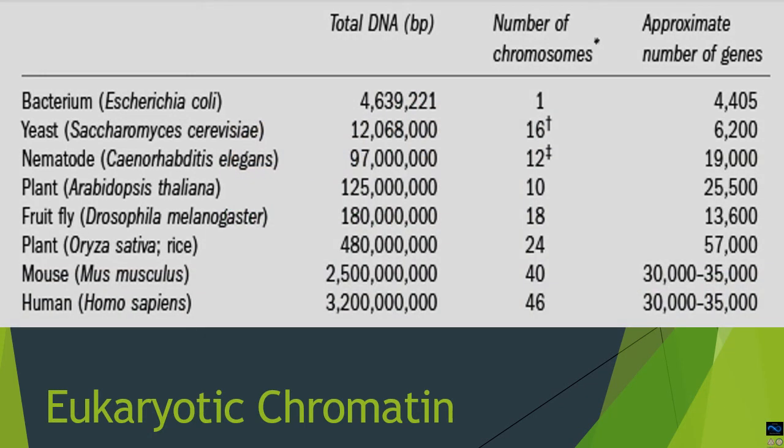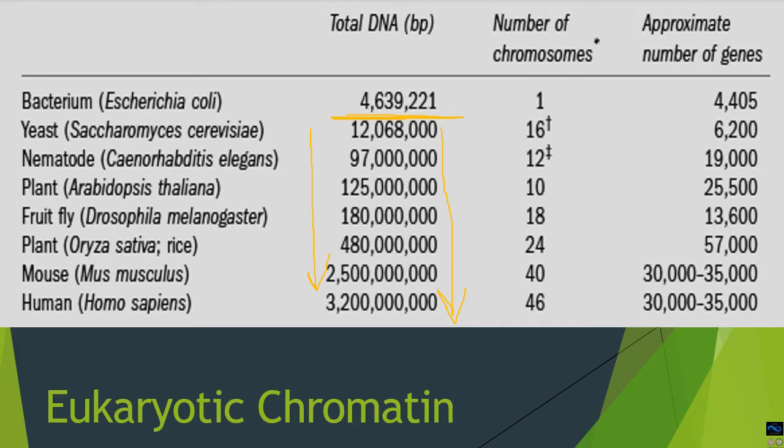In contrast to the prokaryotic cell, the eukaryotic cell has a more complex genome structure. In comparison with Escherichia coli, which has only a limited size of chromatin, in eukaryotic cells, as we move down this table from yeast to humans, the size of the genes and genome increases many fold.